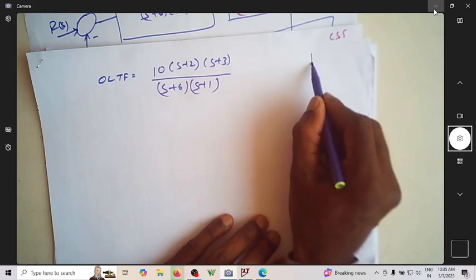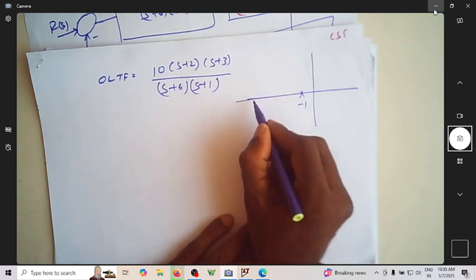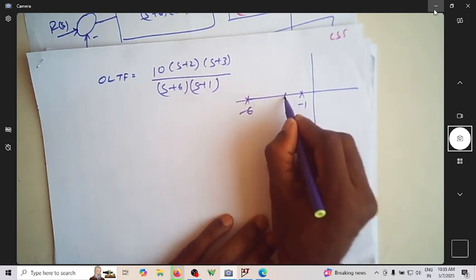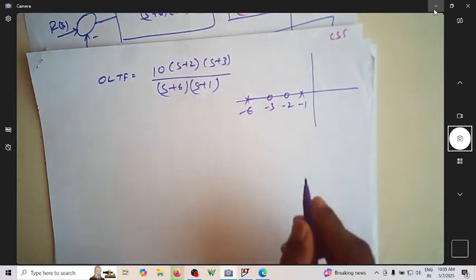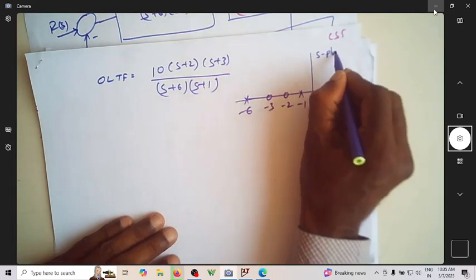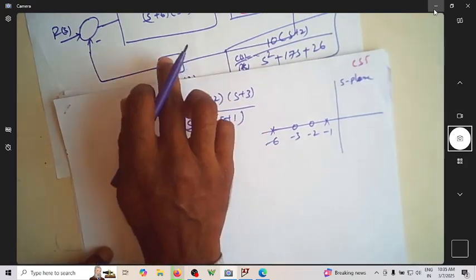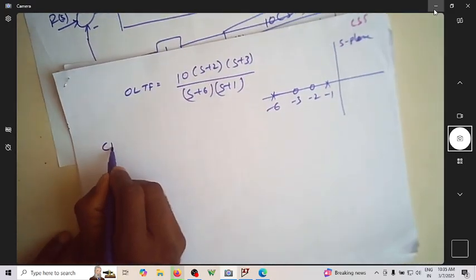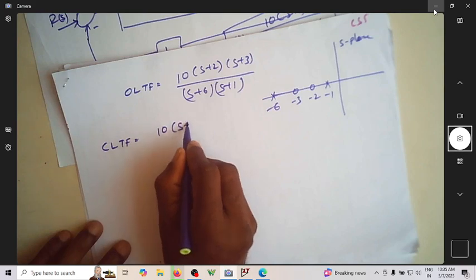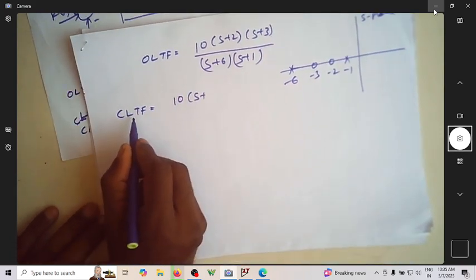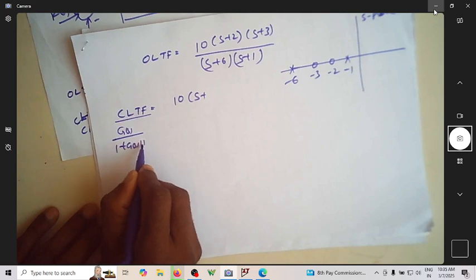Where are the poles and zeros? The poles are at minus 1 and minus 6, and I have a zero at minus 2 and one more added zero at minus 3. Fine. This is the s-plane representation of the open loop transfer function. Since unity feedback is there, the closed loop transfer function, just to clarify, is given by G(s) over 1 plus G(s) H(s).